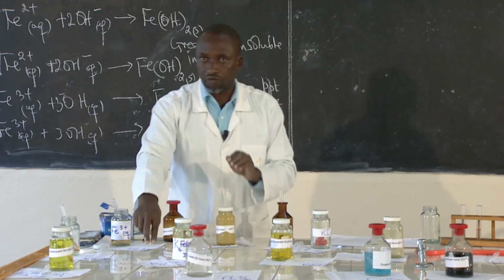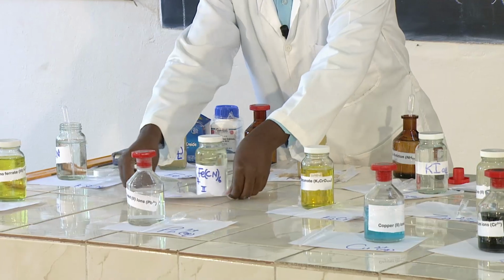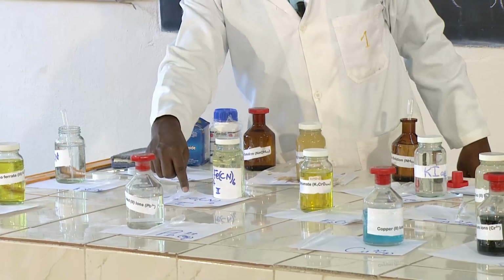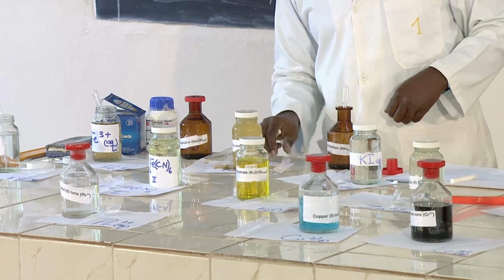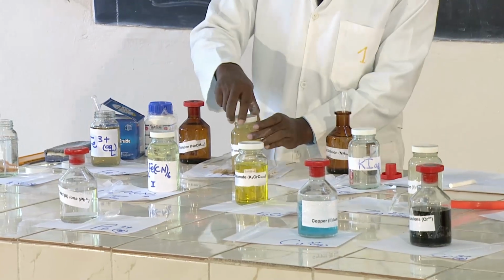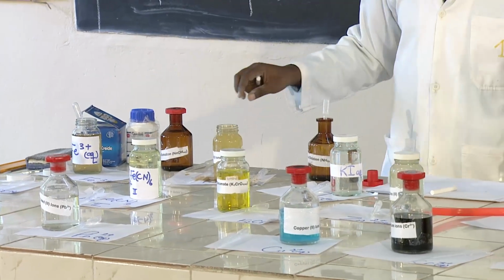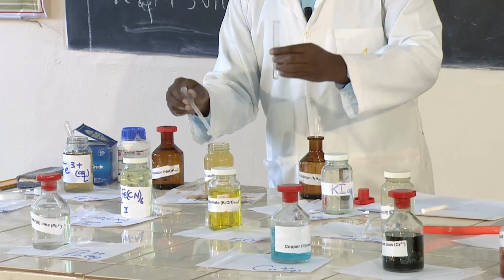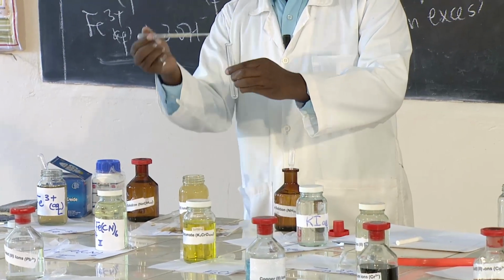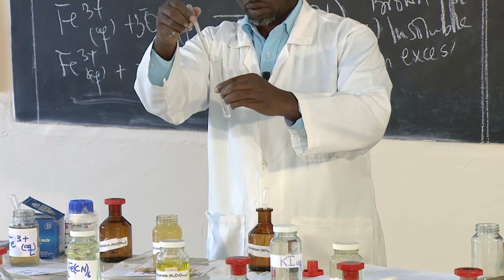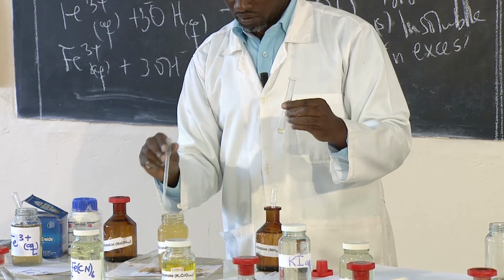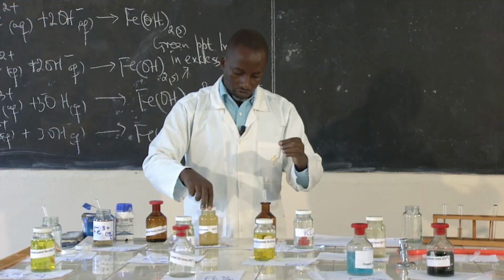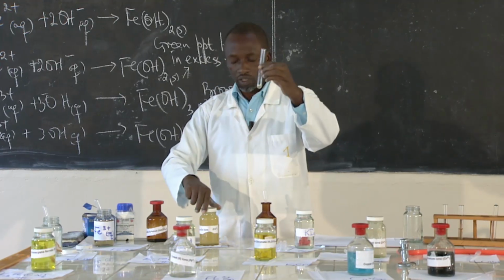Let's also carry out, we just see the effect with the potassium hexacyanoferrate 2. Let's start with the iron 2. Also some few drops of iron 2. If I forget to cross, please remind me.